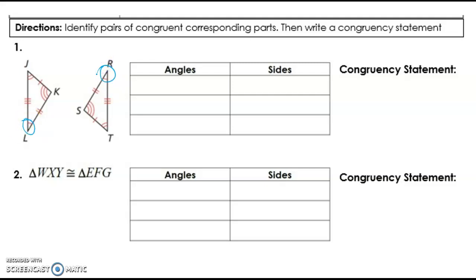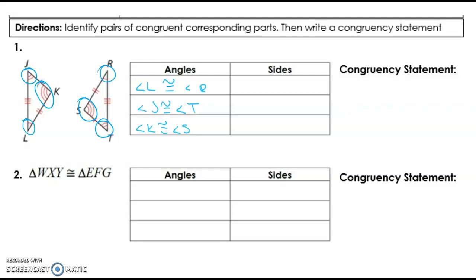The little half circle tells me that those are congruent angles, and so I know that angle L is congruent to angle R. Now I'm looking at the angles with two half circles, and that tells me that angle J is congruent to angle T. Last couple angles, we have angle K is congruent to angle S.